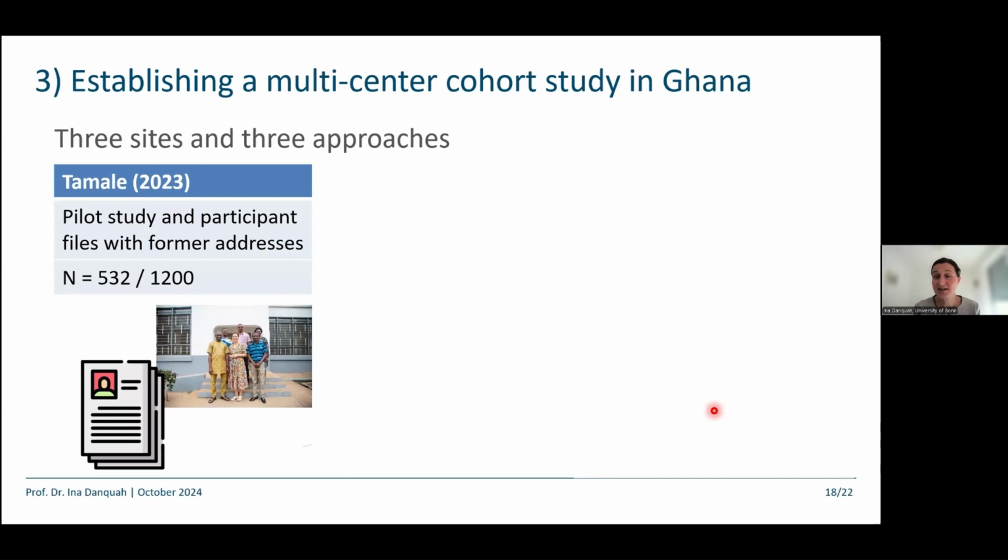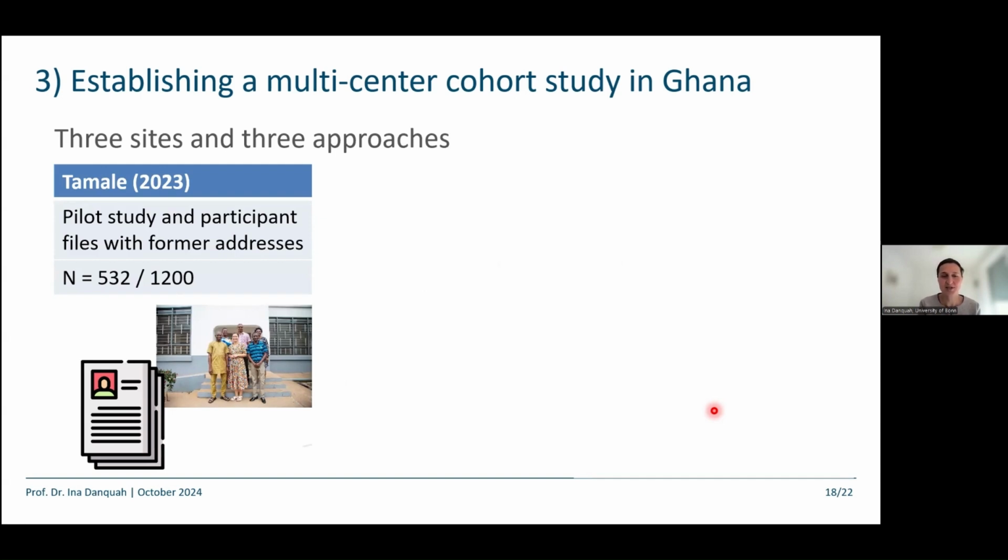Now, how do we do this? I already mentioned that there are 3 sites we want to look at. We already started in Tamale, in northern Ghana, in the year 2023. And we started with a small pilot study trying to see if we can actually retrieve the former study participants.